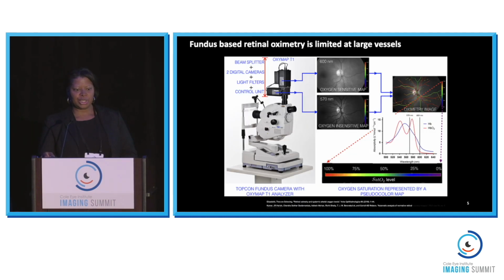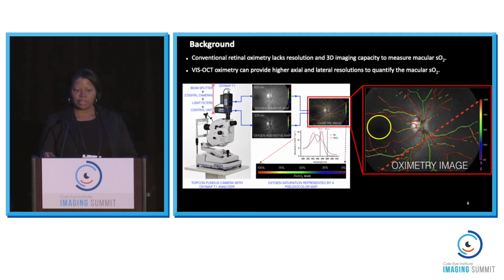This is a picture of a fundus-based retinal oximetry instrument. We're actually using this in the brain. This is commercially available. But the work I'm going to show you is adapted more so for retinal imaging, and I'll give you an example of the innovations that have been made. So fundus-based retinal oximetry typically had been able to image large vessels.